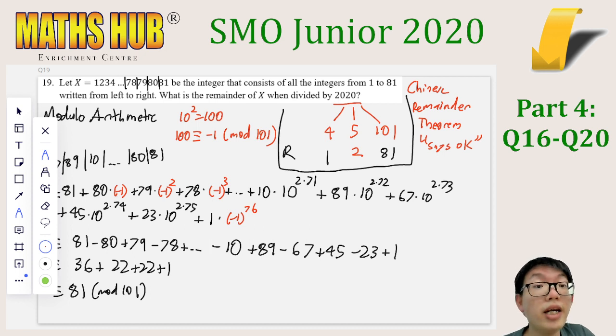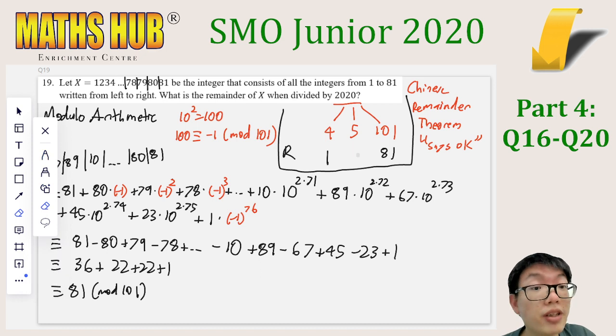But if I add another 101, then 182 does satisfy this. So I would use 182 to satisfy these two, and then I will continue adding on 5 times 101, which is 505, until it satisfies the first condition.